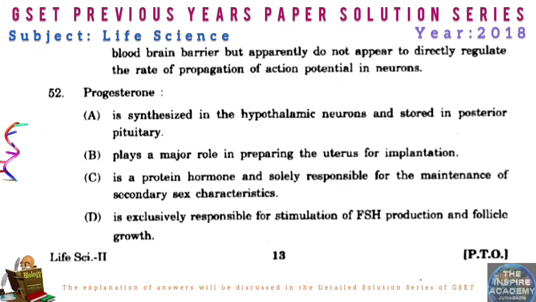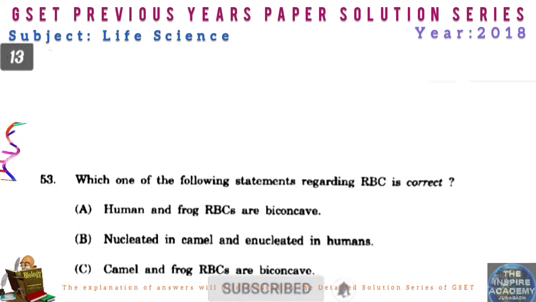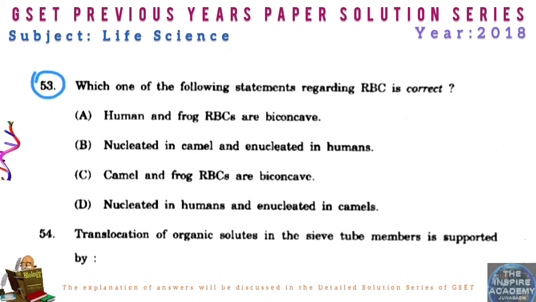Question number 52. Progesterone plays a major role in preparing the uterus for implantation. Question number 53. Which one of the following statements regarding RBC is correct? Option B. Nucleated in camel and enucleated in humans.